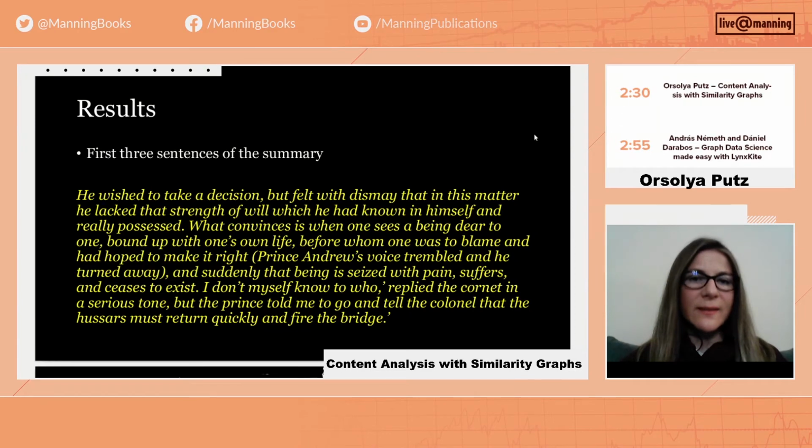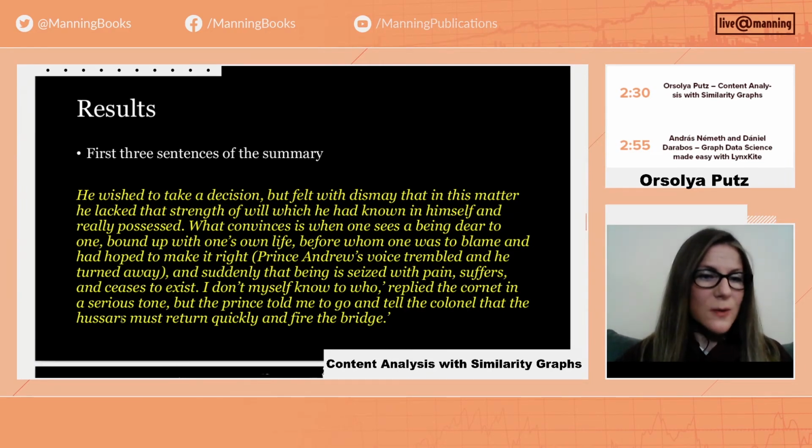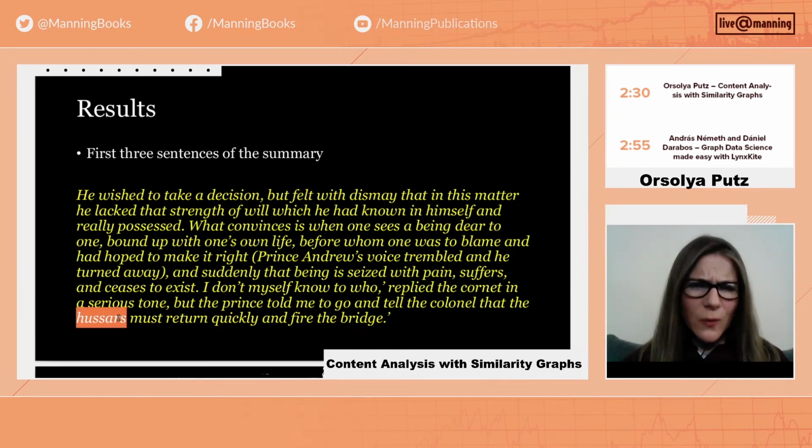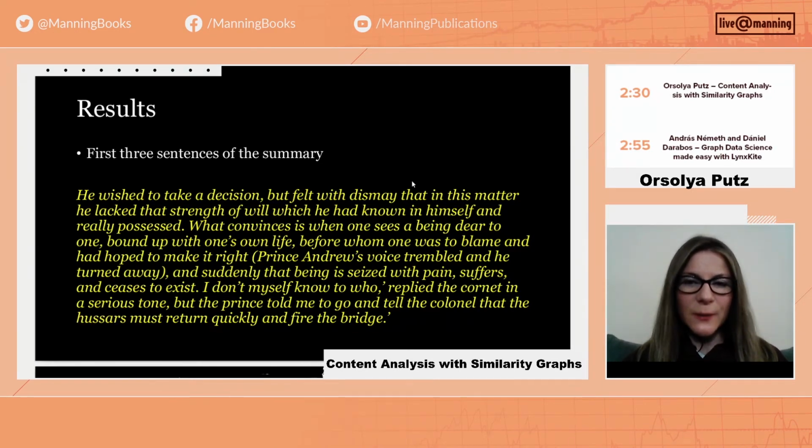If you read these sentences, you can see some keywords like Prince Andrew or Hussars. So you can get some bits and pieces of the whole novel. You will know some details of the novel, like it doesn't take place in the 21st century, because you can be quite sure that Hussars and Prince Andrew don't live in our age.